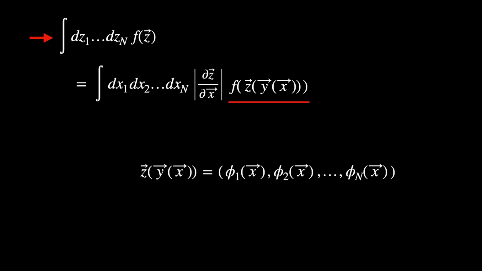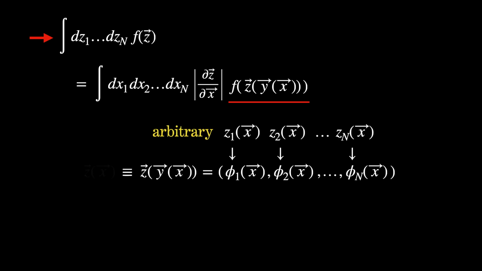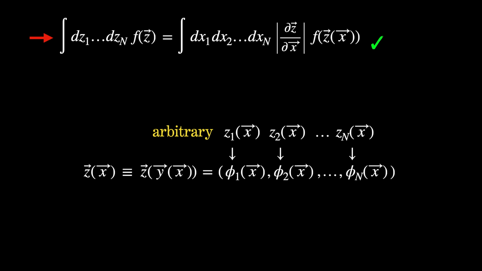These arguments are precisely the arbitrary functions phi1 to phin. Again, we can replace these by a more intuitive notation. Thus, we have shown that the Jacobian formula holds for n variables if it were true for n-1 variables. This completes our proof by induction.